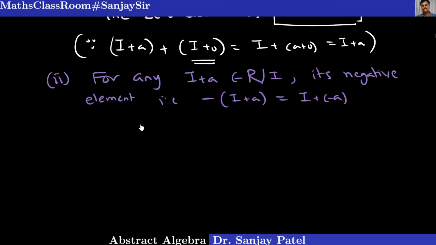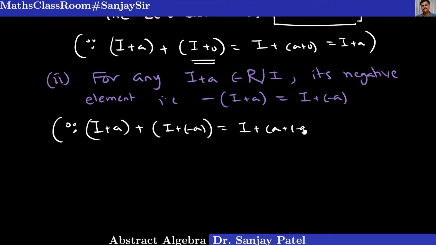When we say minus y is equal to x, that means we should have x plus y equal to 0. And here it is, because if you add I plus A and I plus minus A, what you are going to get is I plus A plus minus A, and that is I plus 0, which is equal to I. And what is I? I is the 0 element. So x plus y equal to 0, so y is negative of x. We are using this thing.